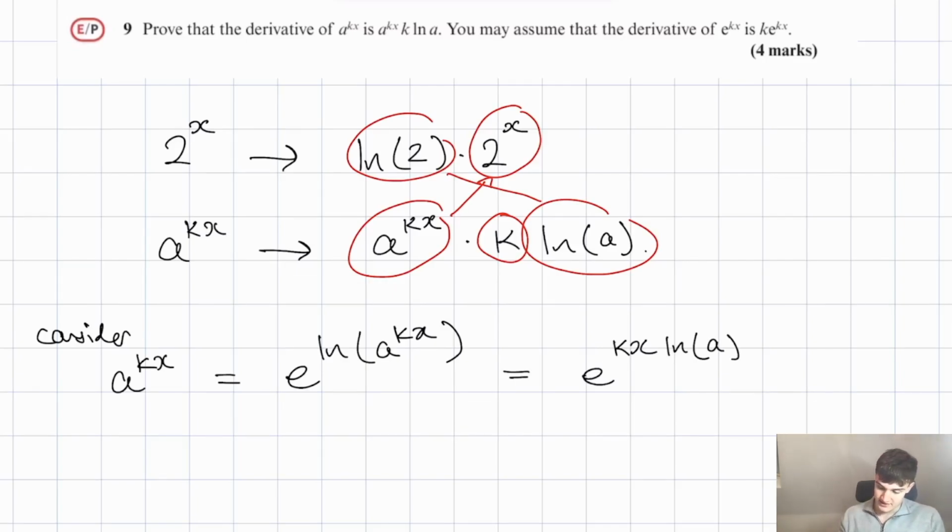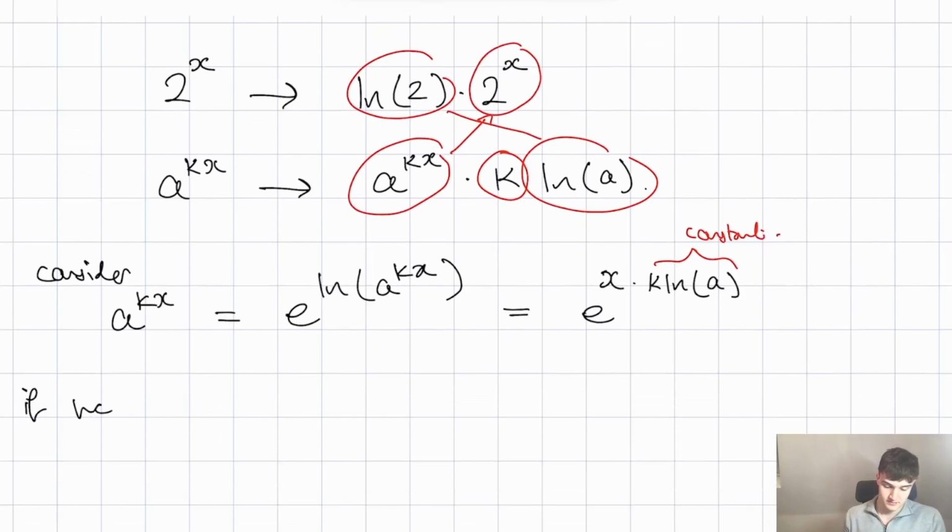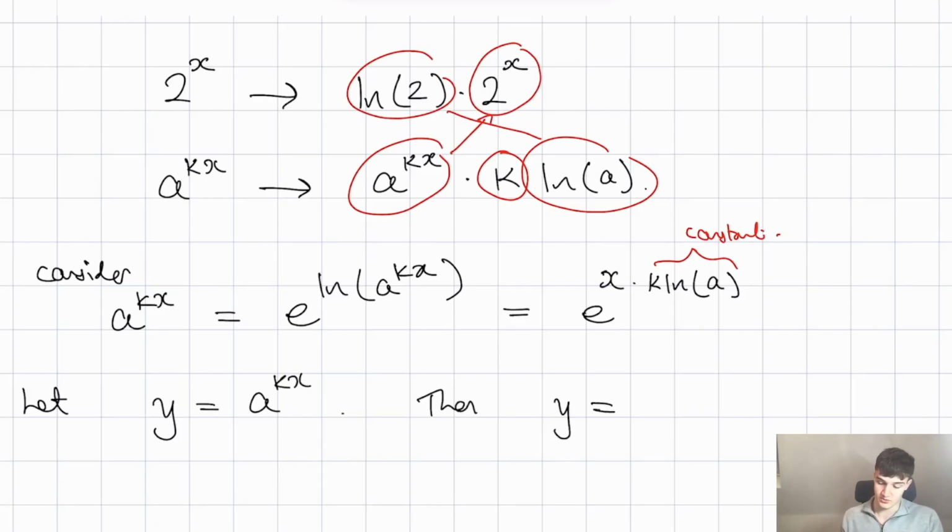And remember, this is now just a constant. So this whole thing here is the constant. If we let y equal a to the kx, then we have y is equal to e to the k natural log of a times x.